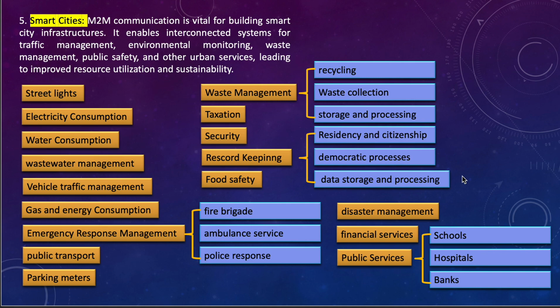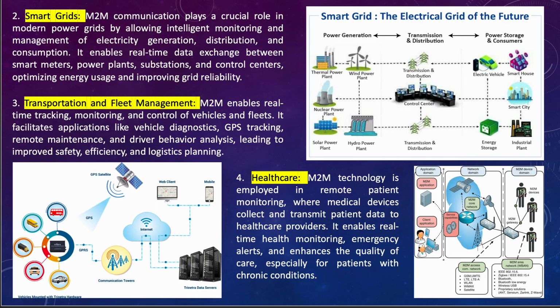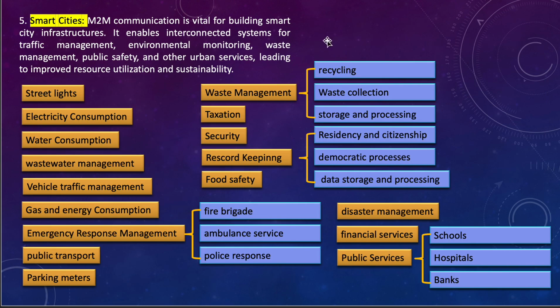So the examples of applications in machine to machine, right? Direct communication between machine to machine in industrial level or in different domains is endless, right? As we have a limited amount of time, I have given these examples.